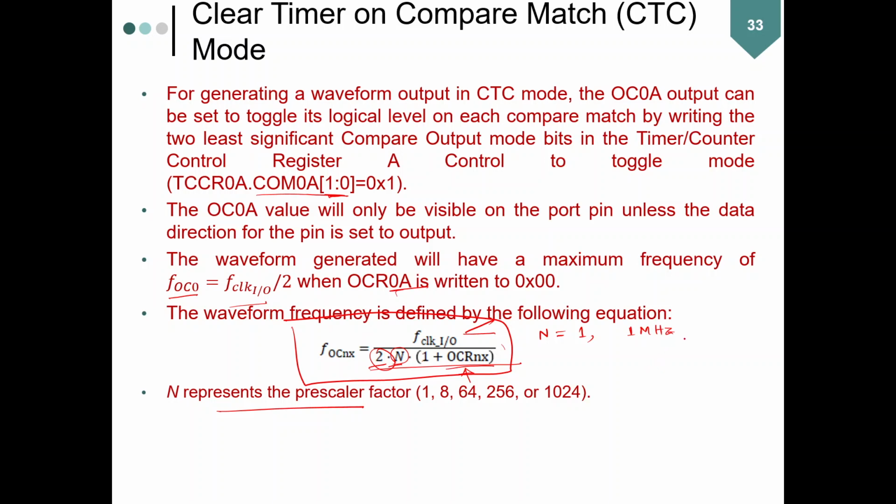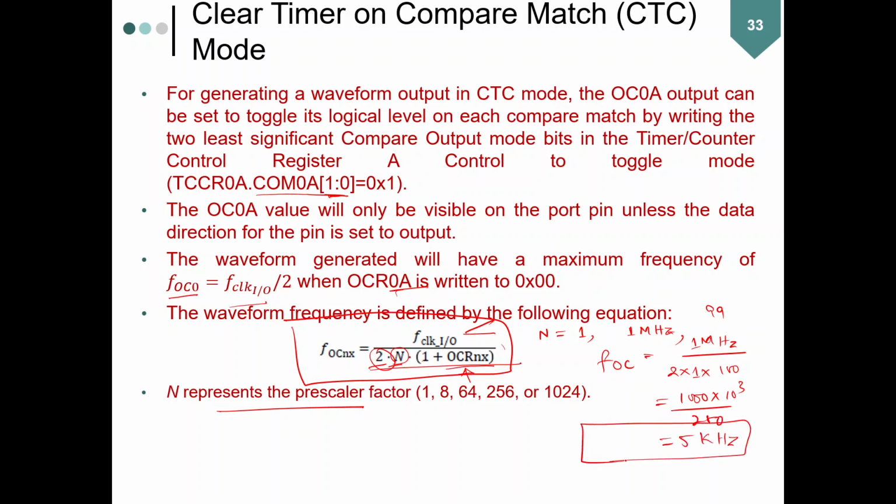Then suppose you count from 0 up to 99. So f output compare clock is equal to the input clock 1 megahertz divided by 2 multiplied by 1 multiplied by 99 plus 1, which is 100. So this is actually 1000 into 10 to the power 3 divided by 200, so 5 kilohertz. This is going to generate a frequency of 5 kilohertz.